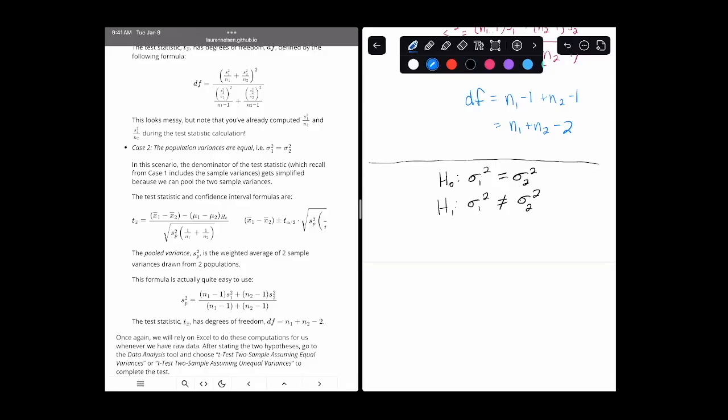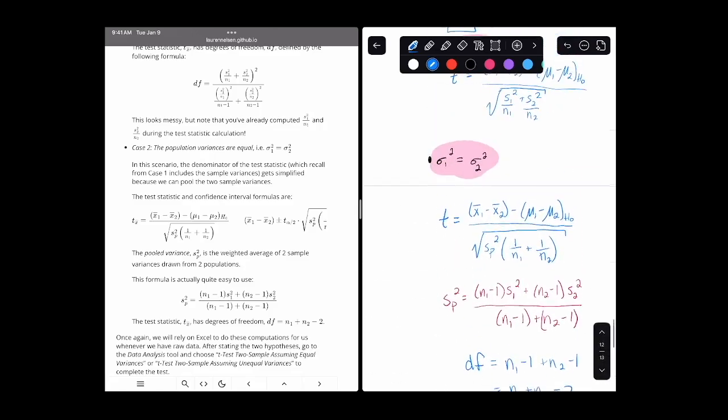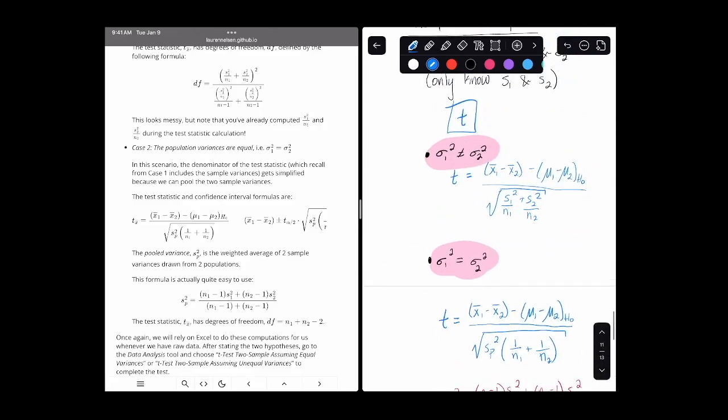And we saw before that the way we would do this is using an F test. Our test statistic would be an F, and we would look at this ratio of sample variances. And so we know how to test to see if we should assume that our variances are equal or not equal, to know which of these cases we are in.